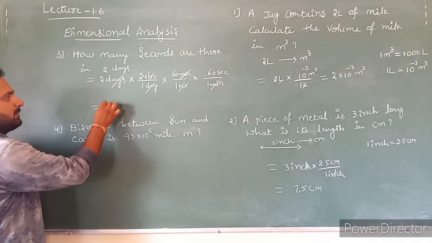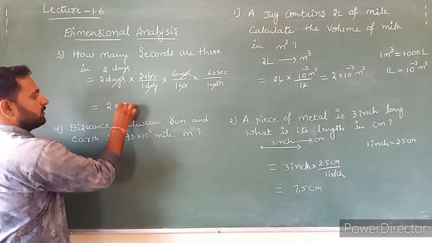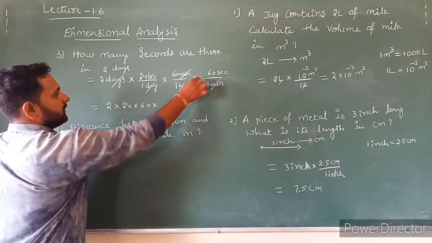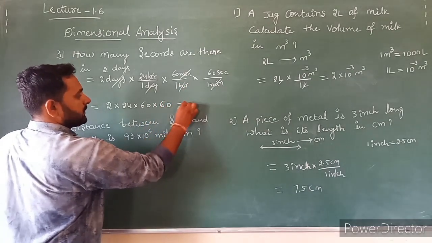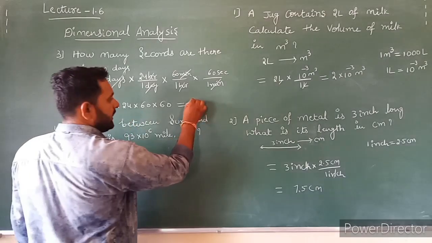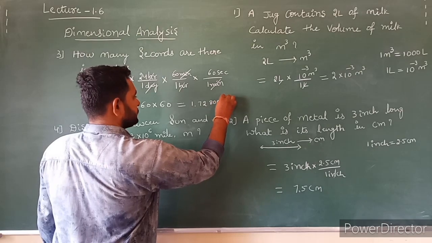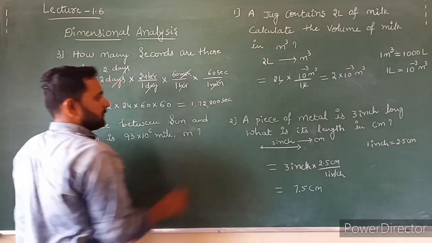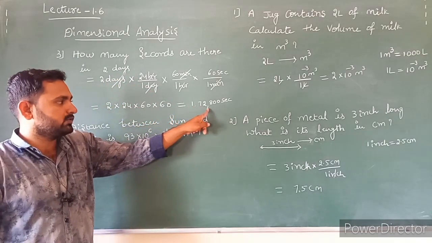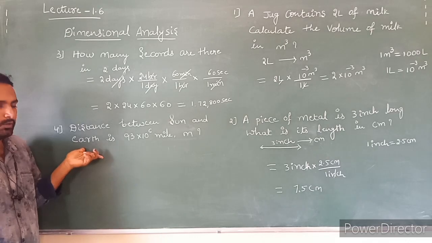Now you multiply these numbers: 2 into 24 into 60 into 60. If you multiply these values, you will get 1,72,800 seconds. Okay, 2 days is equal to 1,72,800 seconds.